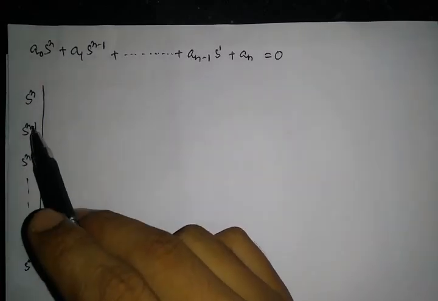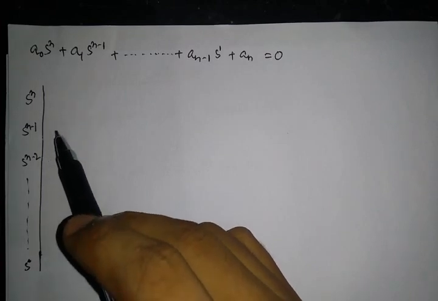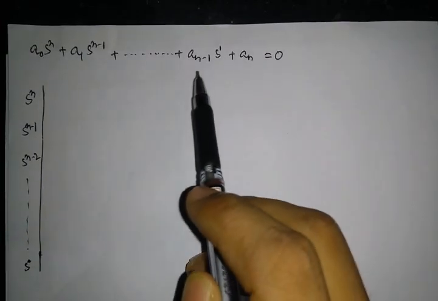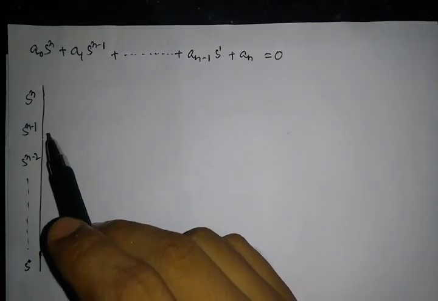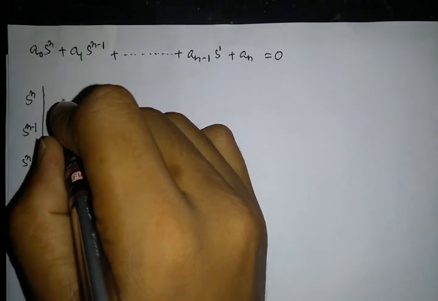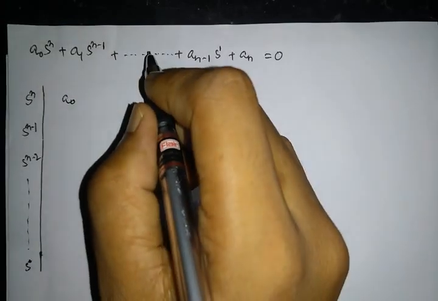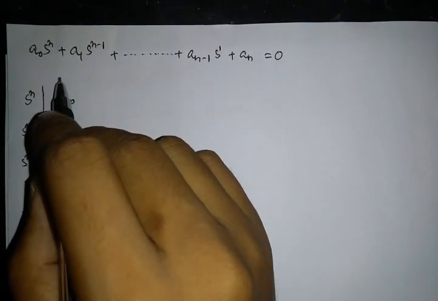Well, the first two rows are given to you and the coefficients of these first two rows are given by this characteristic equation. How do you write these rows? Please see it very carefully. S to the power n, first coefficient is a0, so let me write here a0. Then you write leaving one coefficient. You see then after a1 it is a2.